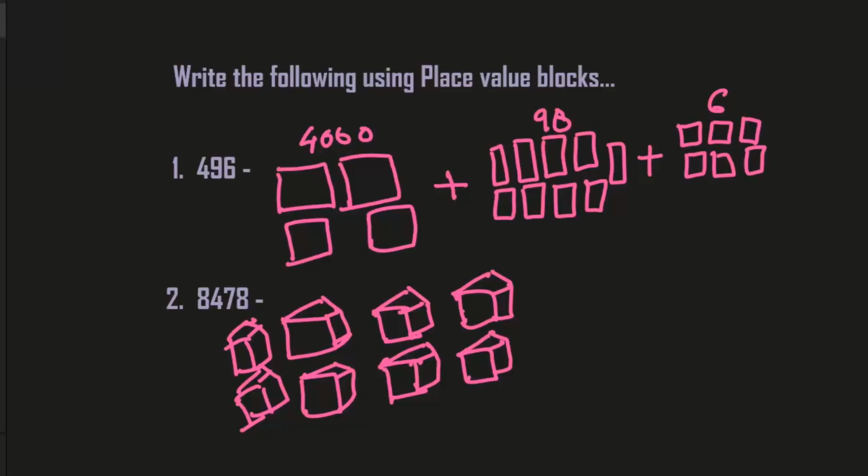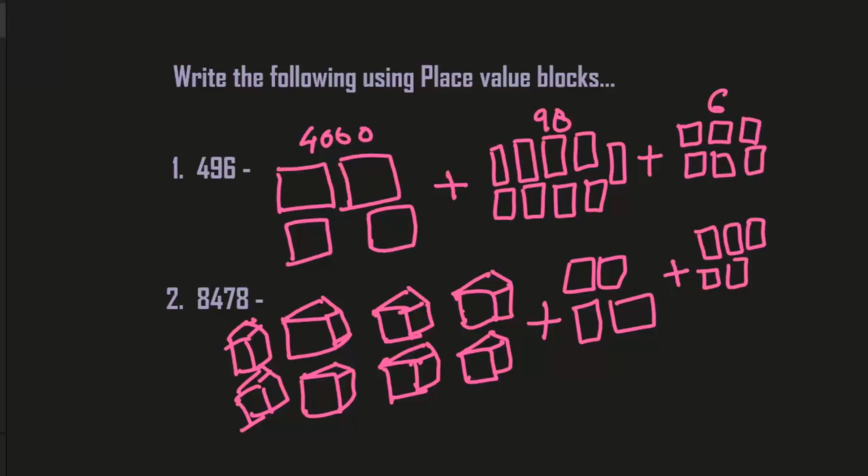Okay, now 400. So we put a plus sign and then draw 4 squares. 1, 2, 3, and 4. Okay, and finally, not finally, we have 70. So let's draw 7 of these rectangular looking objects. 1, 2, 3, 4, 5, 6, and 7.